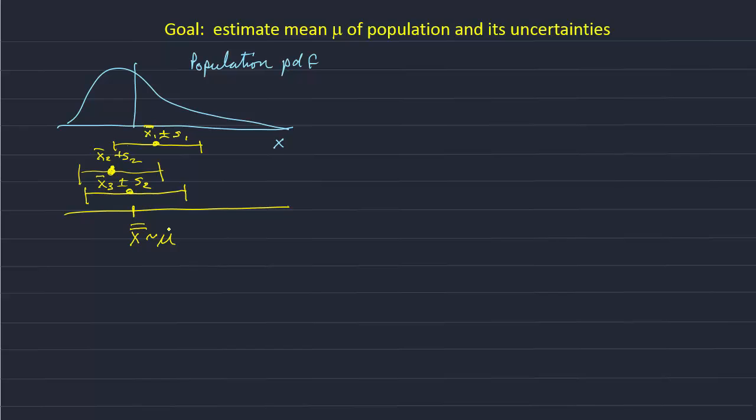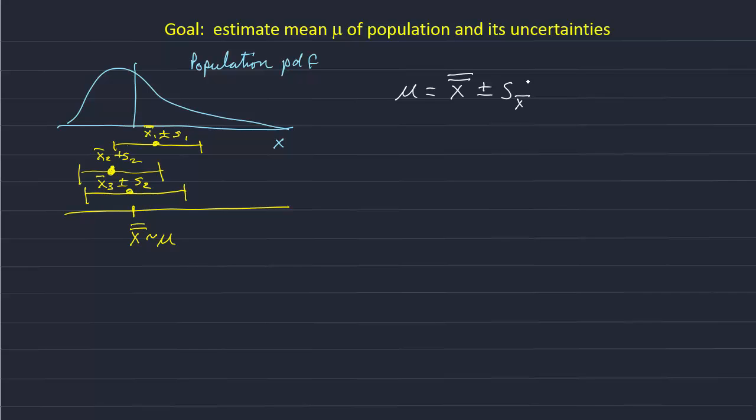Okay, so we could estimate mu is about equal to, say, the grand mean of, in this case, our 3 samples, plus and minus the standard deviation of our sample means. So that would be a logical way of estimating mu plus and minus its uncertainty.